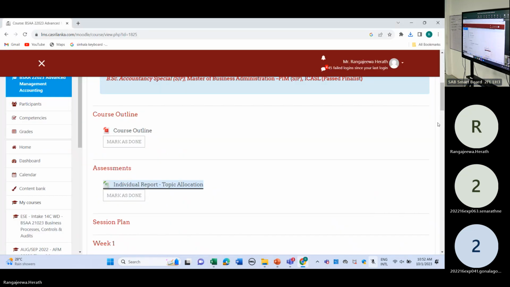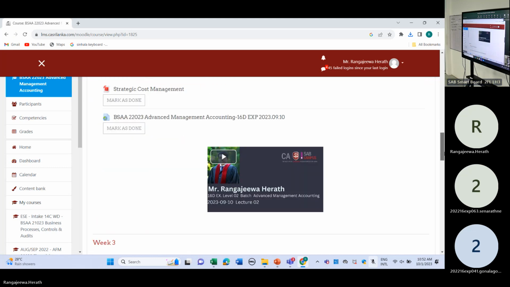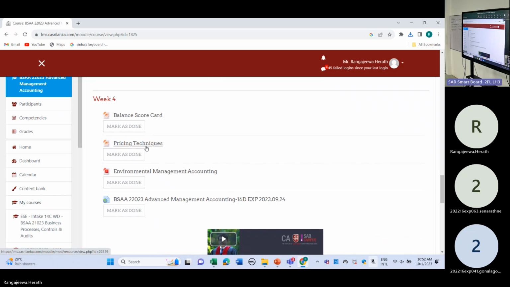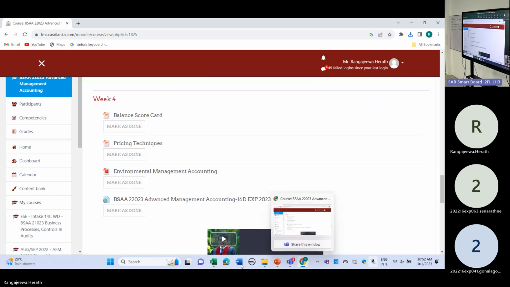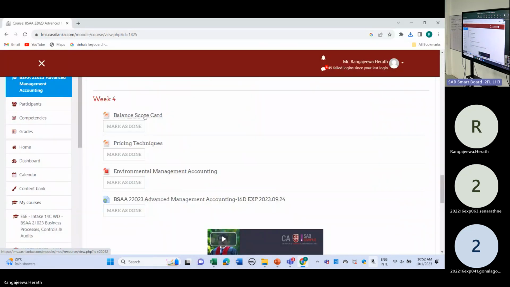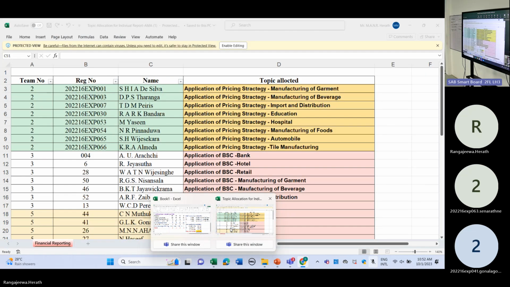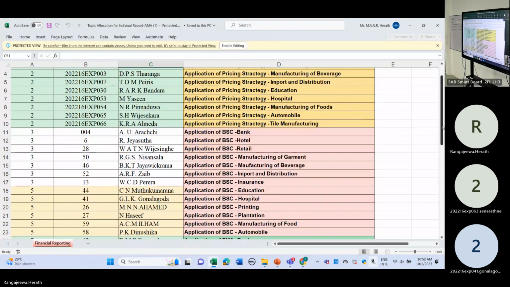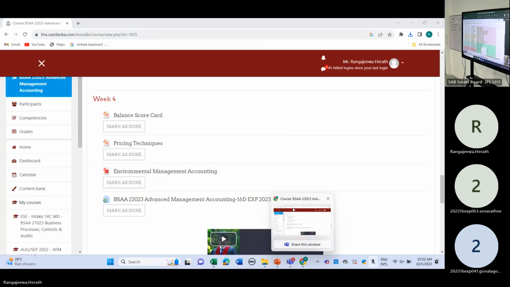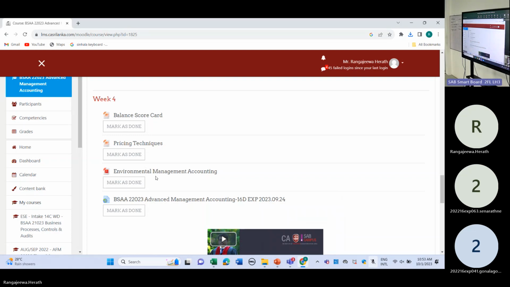This week 4, I have uploaded the pricing techniques material, so you can have some guidance. We also uploaded balance scorecard material. For the other group, environmental management accounting, EMA, we have another material uploaded.